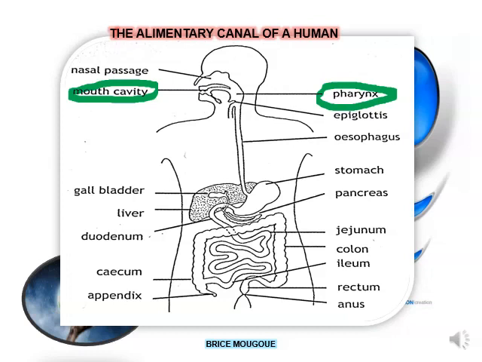The pharynx is the space halfway between the alimentary canal and the air canal that's used for breathing. So when food is swallowed, it goes to the pharynx. At the level of the pharynx, we have a small opening which connects the alimentary canal and the air canal. That's the reason why you are able to breathe with your mouth if you close your nose.